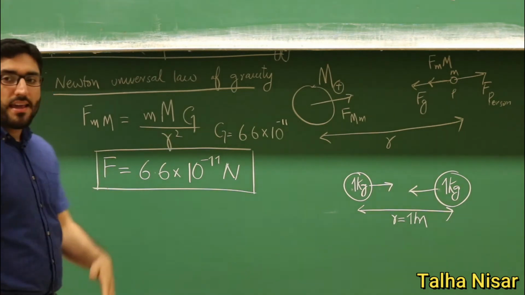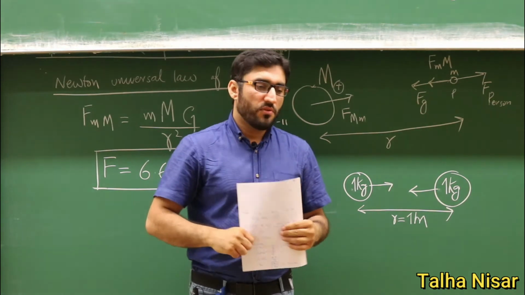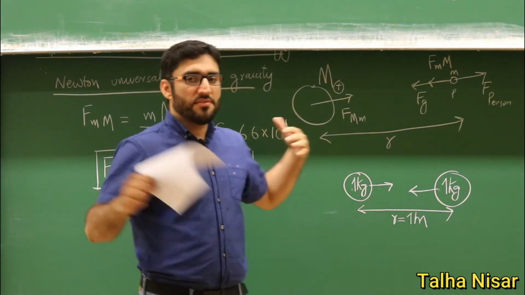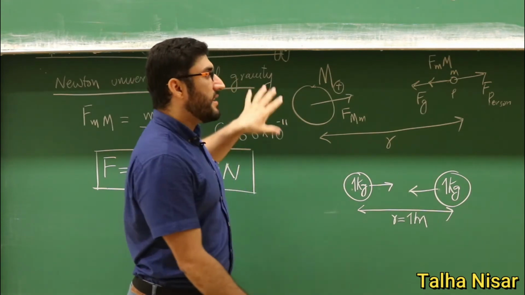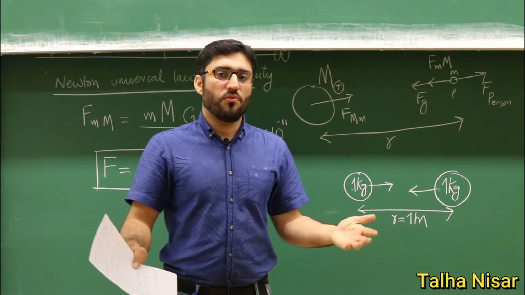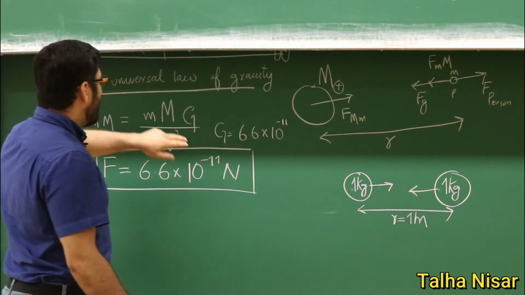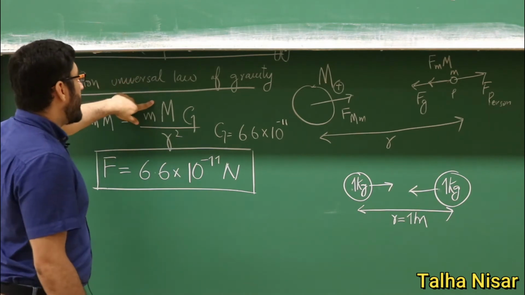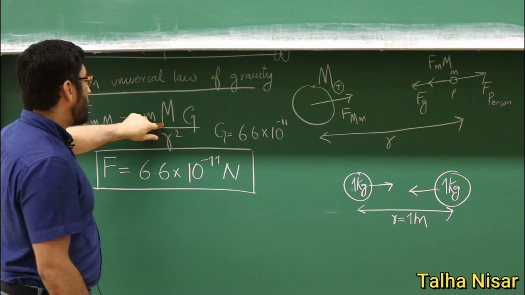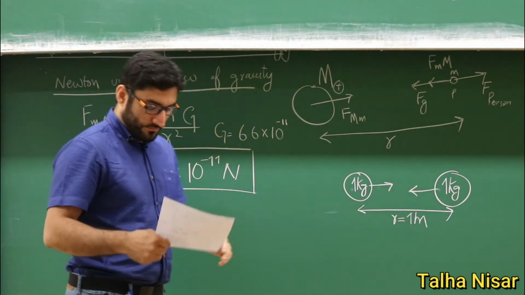That's why we do not feel this gravitational force from everyday objects. For example, I'm standing here, my body has some mass, and this wall or board has some mass. I do not feel this force. But the Earth has extremely high mass relative to my body, so I feel this force, which is much larger than for regular objects.